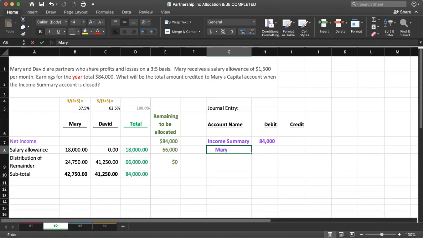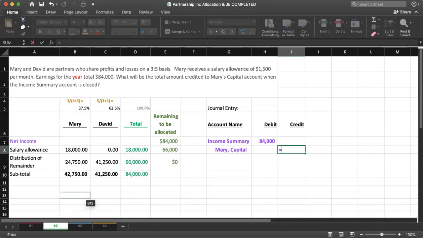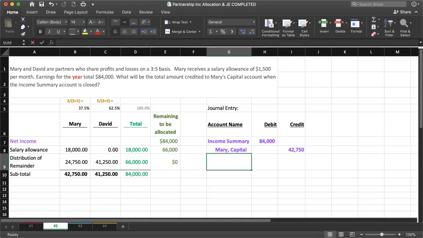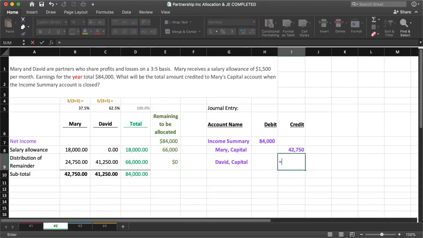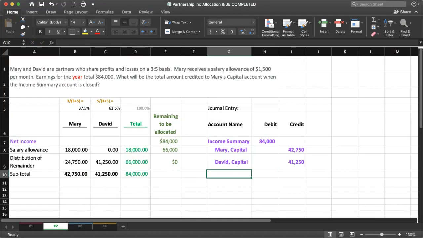So we have Mary Capital, and Mary is allocated $42,750, and then David Capital, and David would be $41,250. Now, I always like to double check to make sure that my debits equal my credits.